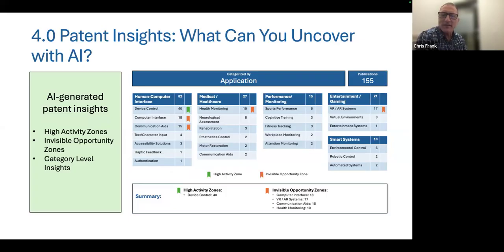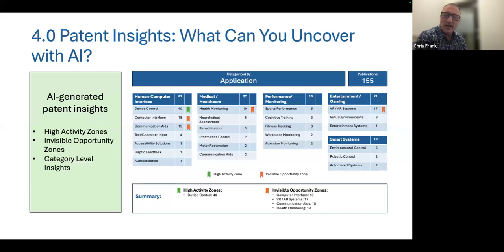Again, if we're filing 10 patent applications, half of them probably go into the high activity zone, and the other half into the invisible opportunity zones, unless we have other places that we deem important.